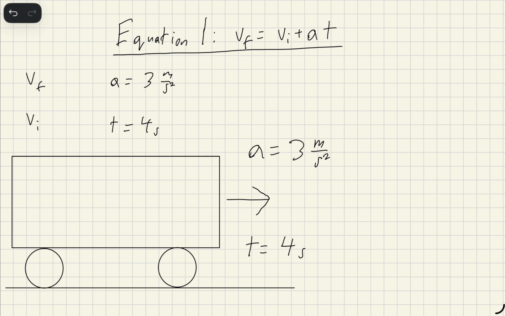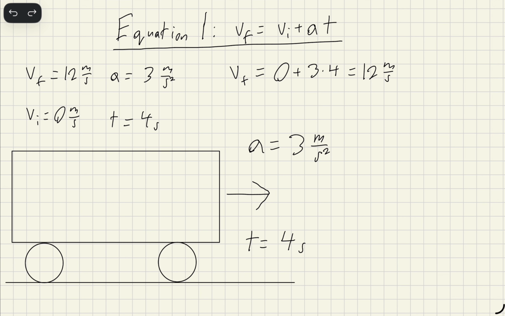When an object starts from rest, it means that its initial velocity is 0 meters per second. It doesn't have any initial velocity. So we can plug these 3 variables now into our equation, and we get that final velocity equals 0 plus 3 times 4, which just equals 12 meters per second.